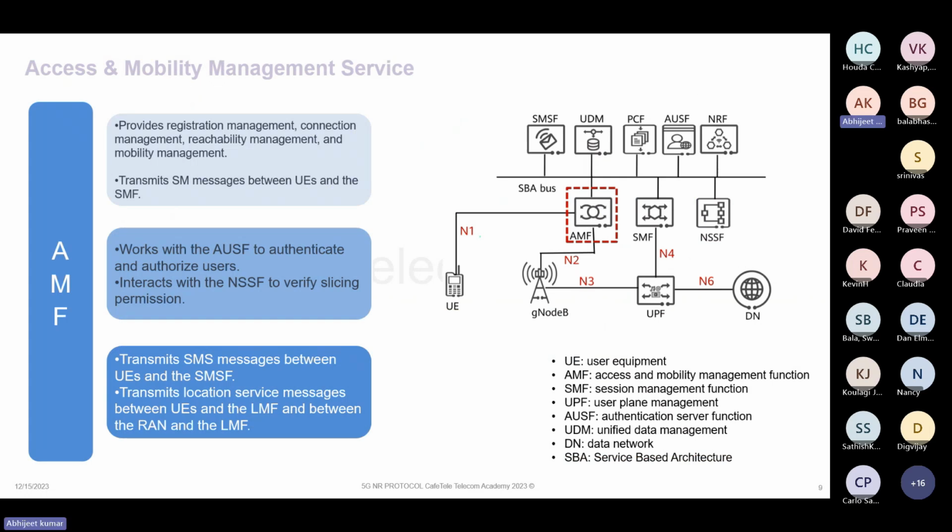Now here you can see this is the Access and Mobility Management Function. So what is the Access and Mobility Management Function? Understand it like this. Imagine you are going to one big shopping mall. When you enter the shopping mall, you go to the information desk.